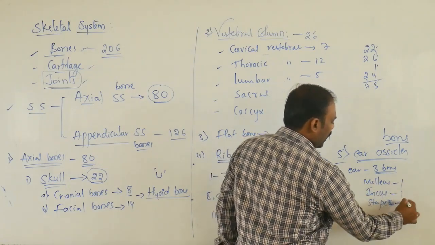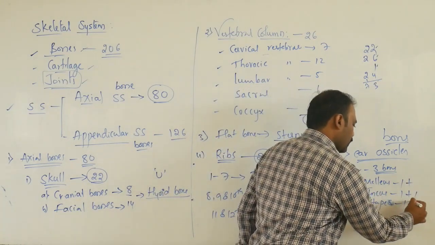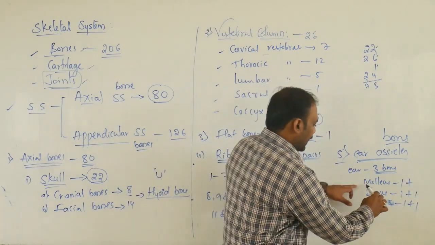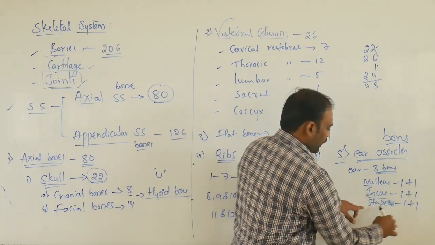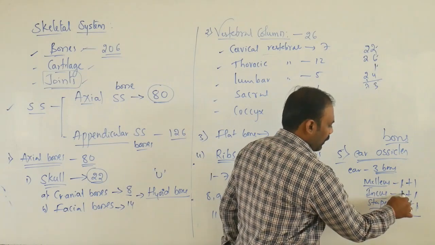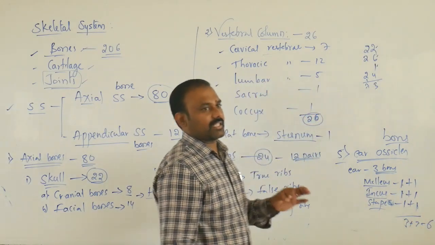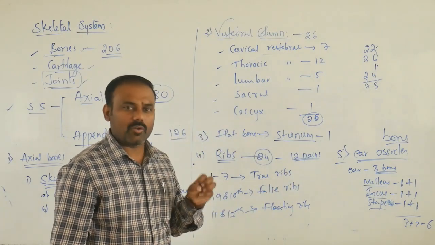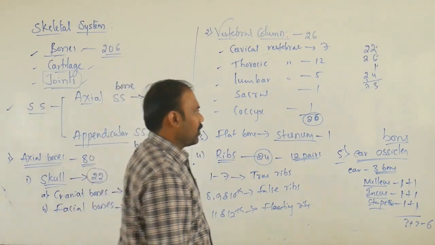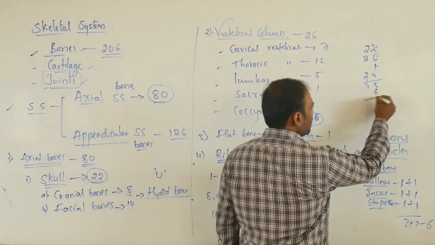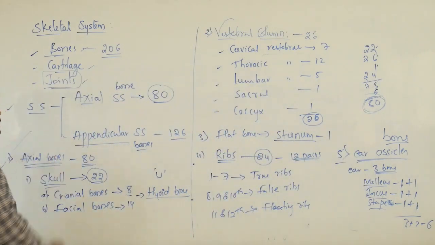Right ear, left ear for each, so 1 plus 1, 1 plus 1, 1 plus 1, which is 6. Totally there are 6 ear ossicles, the smallest bones in the human body. So 73 plus 6 is equal to 80 bones, and they are considered axial bones.